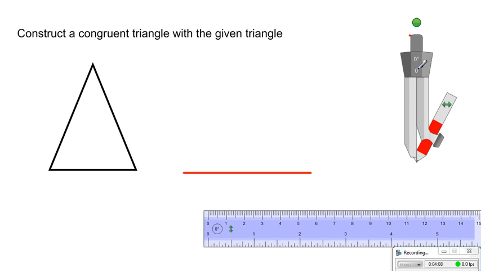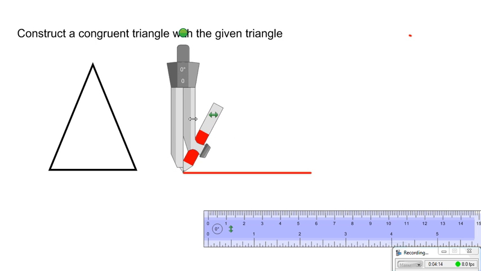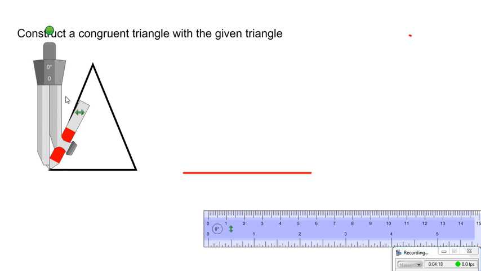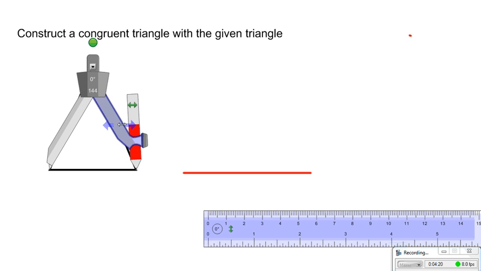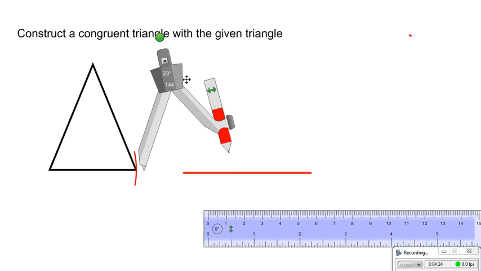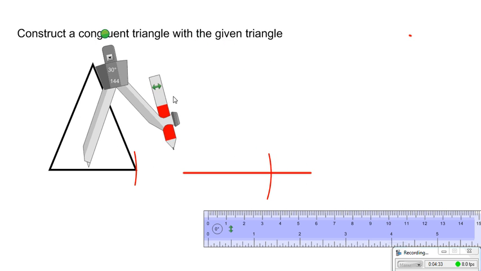And then I'm going to copy the length of the first side right over here onto our drawing. So I just measure the base of the triangle.